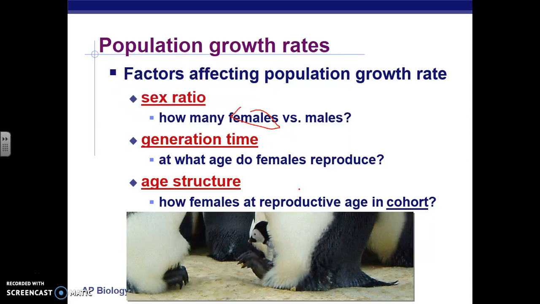A population that has more females within that range between 12 and about 40 will have a faster possible growth rate compared to older populations that have fewer females at reproductive age. They won't be able to grow as fast.